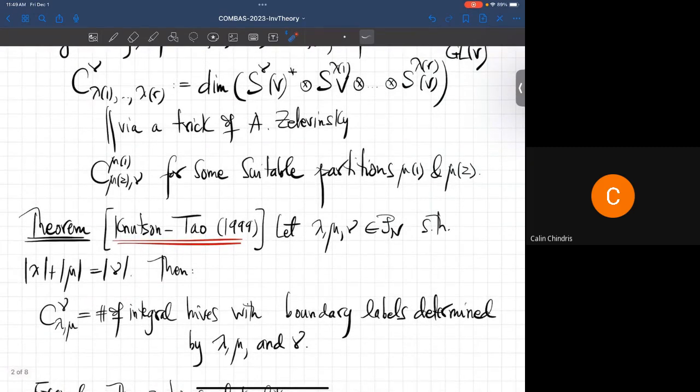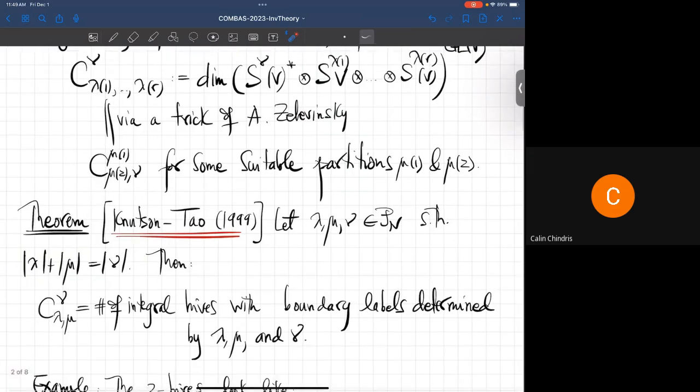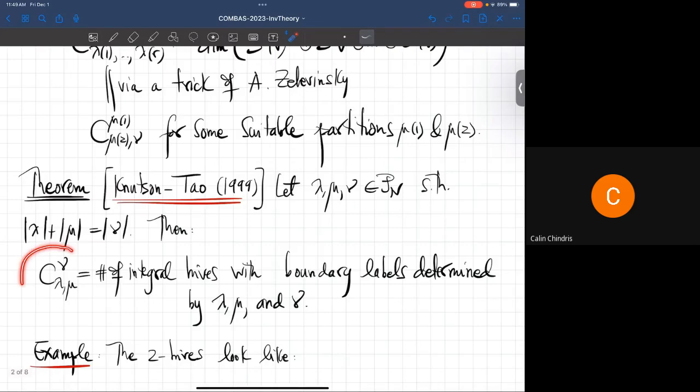If you have three partitions, lambda, mu, and nu, of length at most n, and if you assume that the size of one of them, where the size of a partition, in this case the size of nu, is defined to be the sum of its parts, satisfies this very basic and necessary constraint, then the Littlewood-Richardson coefficient corresponding to the triple of partitions can be expressed as the number of integral points of a polytope.